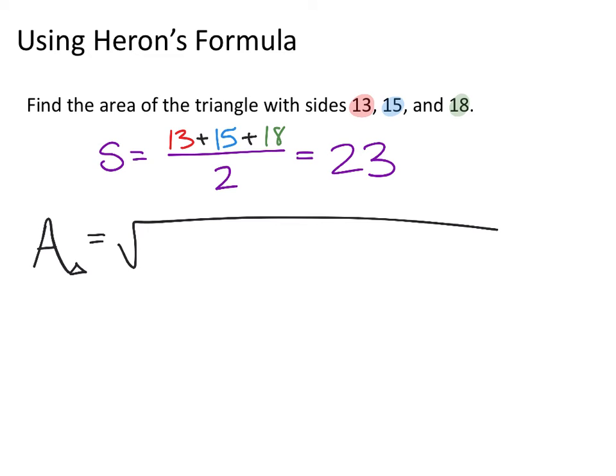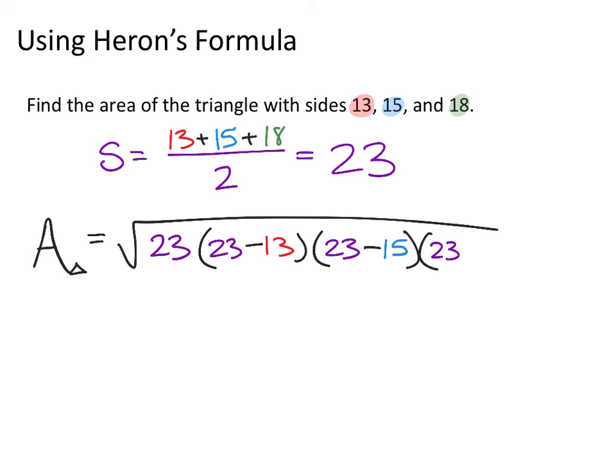We're going to be doing 23 times 23 minus A, which is 13, times 23 minus B, which is 15. And then, you guessed it, 23 minus 18.